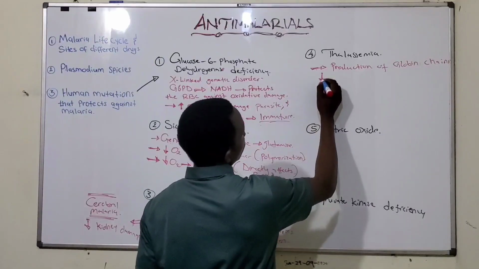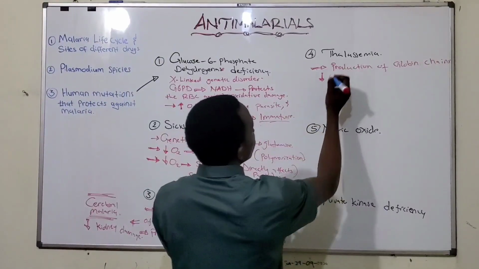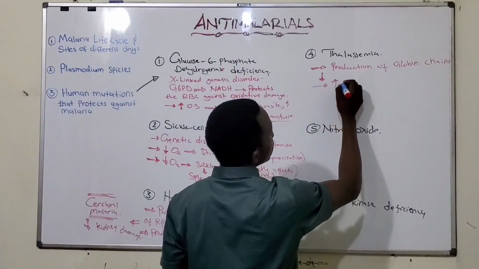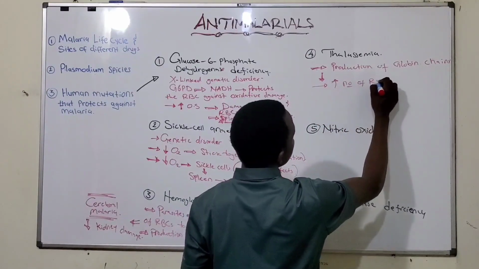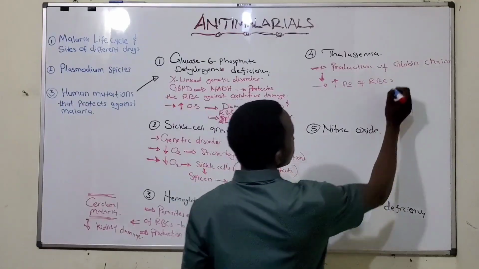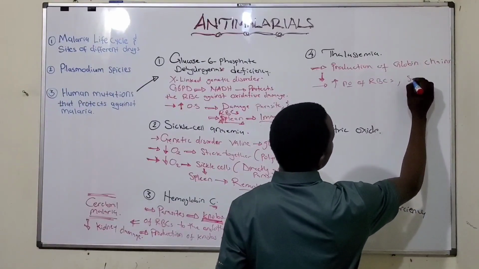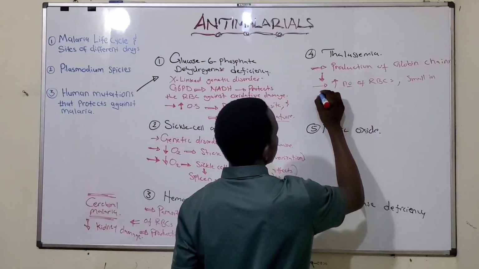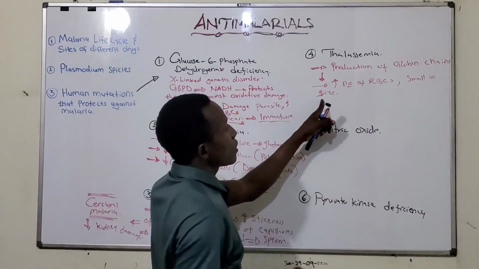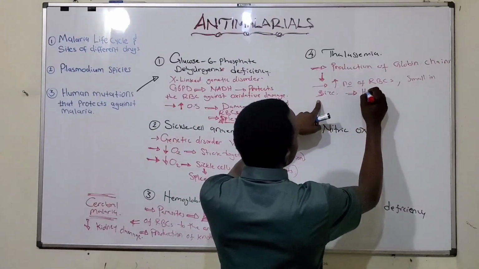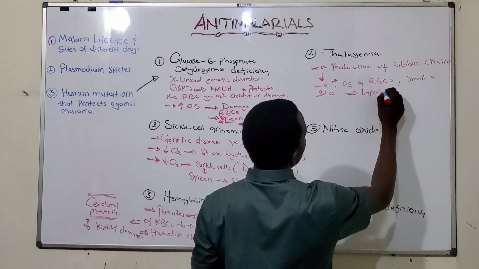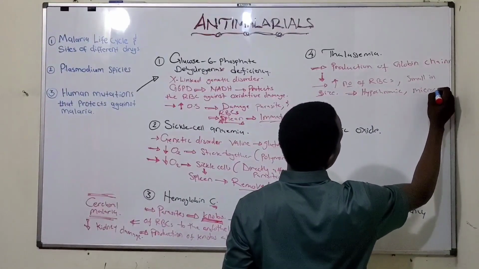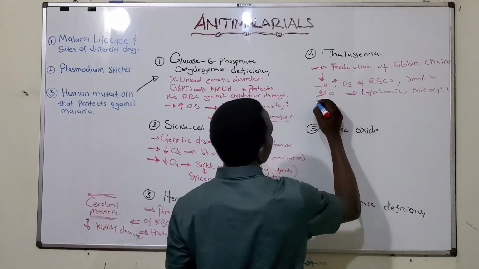So when the person has thalassemia, we shall have an increased number of red blood cells, but these will be very small in size. So when they are small in size, we shall have hypochromic and microcytic anemia.